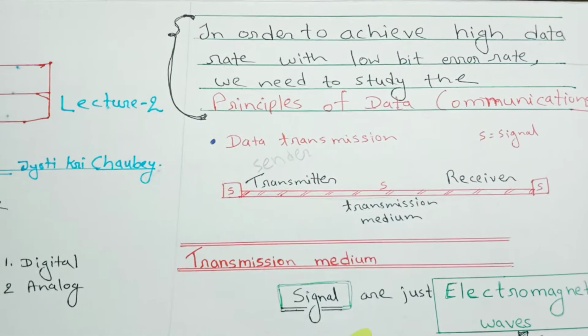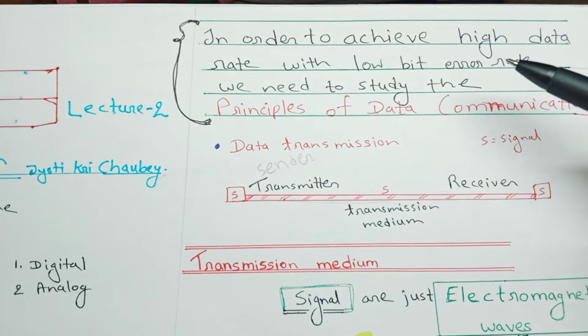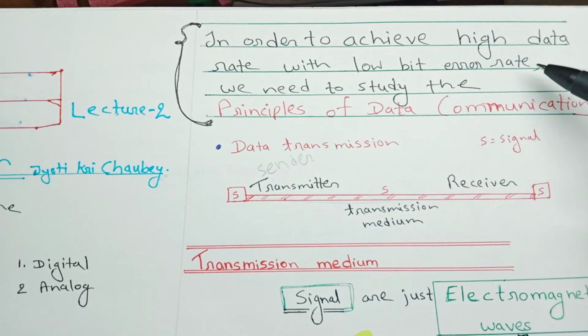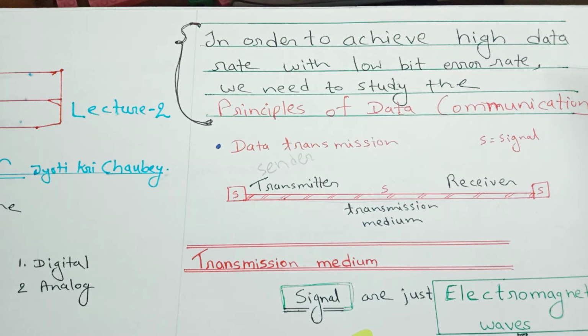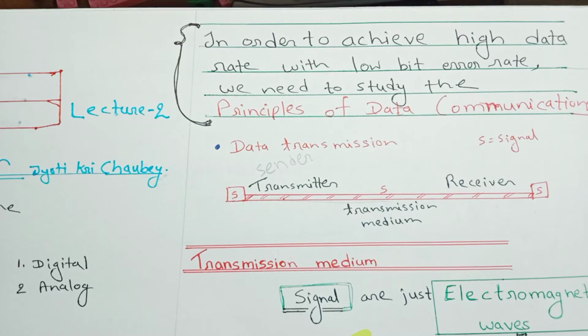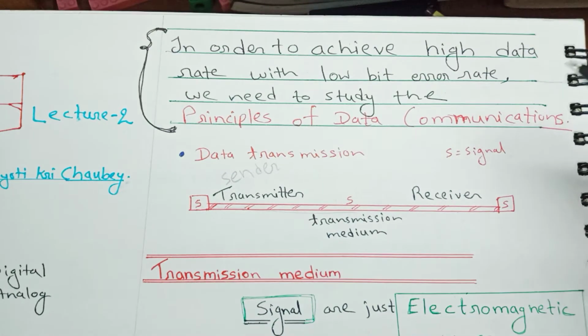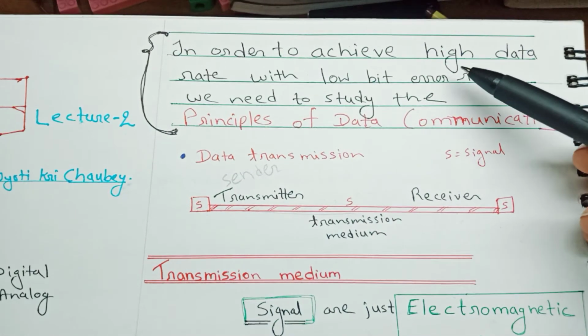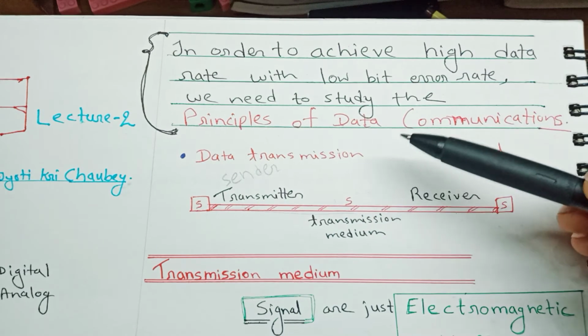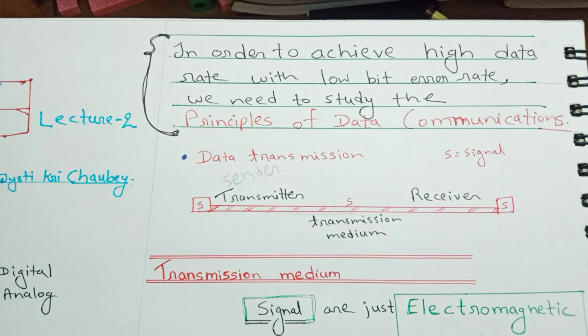In order to achieve high data rate with low bit error, which is our objective of data transmission, we need to study the principle of data communication. This is a very important principle, and the whole data communication subject is based on it.